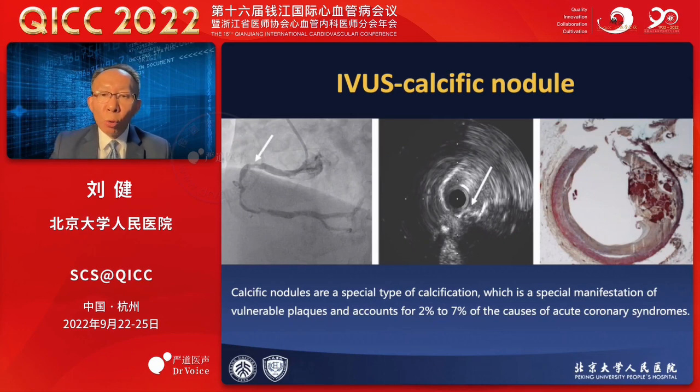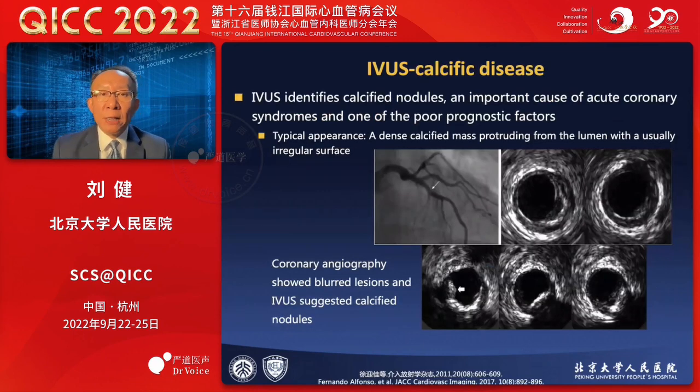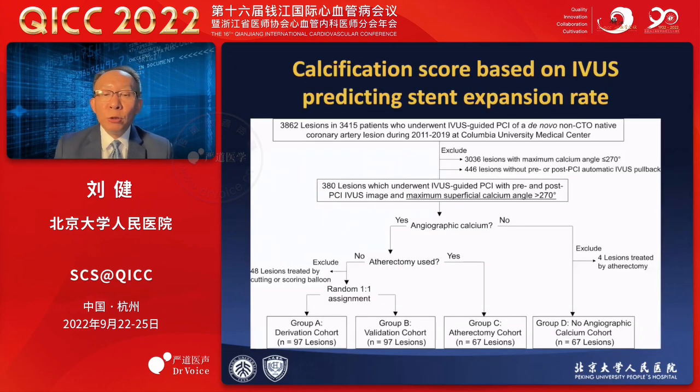And if we cannot identify the calcified nodules, then the PCI could be more difficult because the wire or the balloon is difficult to cross. And the IVUS can help us to identify the calcified features, the locations, and the length. And then we can differentiate whether that's the superficial calcific or the calcified nodules. And for the calcified nodules, I think IVUS can provide you with very detailed answers.